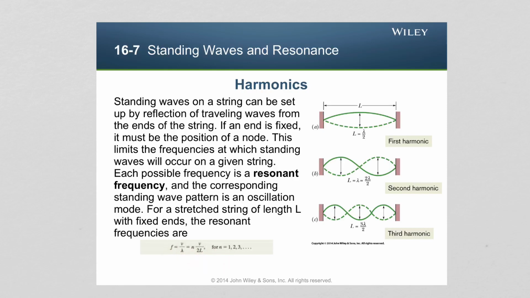So the frequency is equal to n times v divided by 2L, where n varies from 1, 2, 3, and so on and so forth. V is the speed of the wave in the string, and L is the length of the string itself. Again, I will explain how these are achieved in a slide after this presentation.